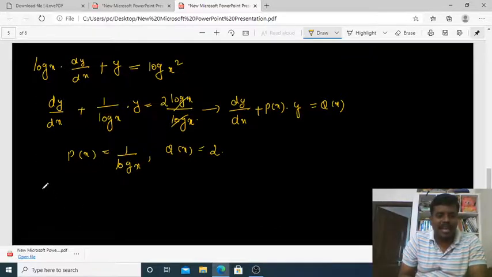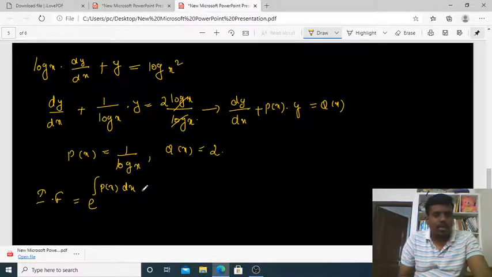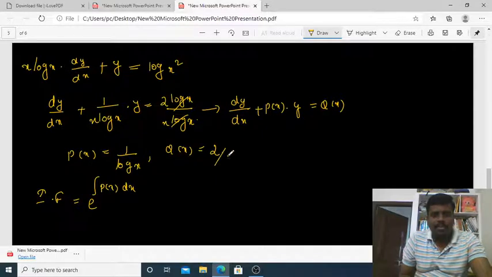What is the integrating factor? The formula is e to the power integral p of x dx. Here p of x is 1 by x log x, sorry, x log x, and q of x is 2 by x in the question, x log x.